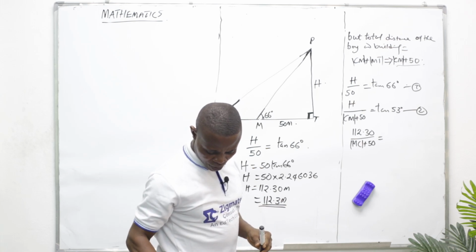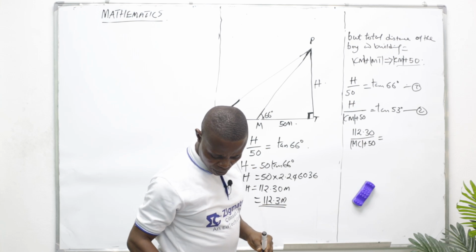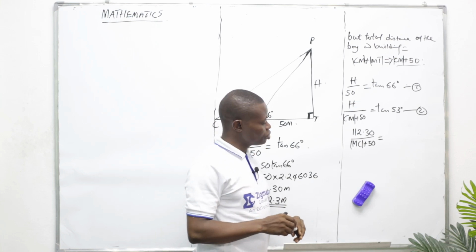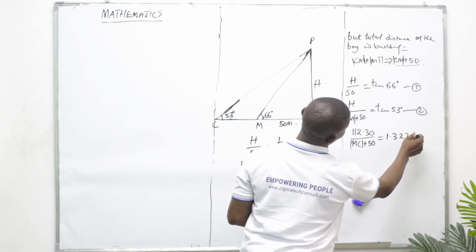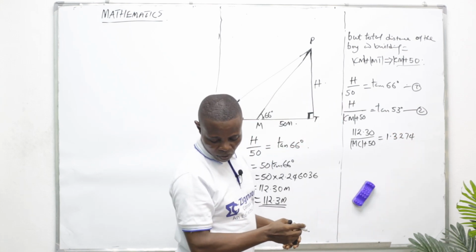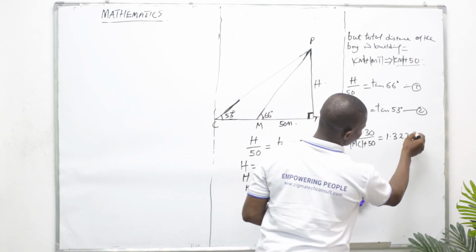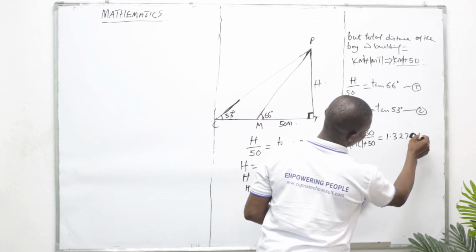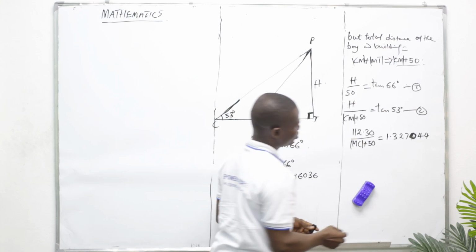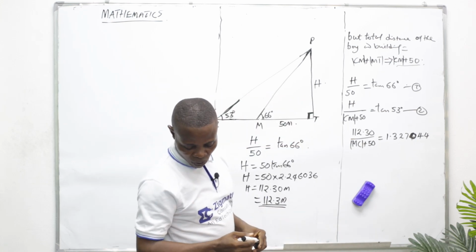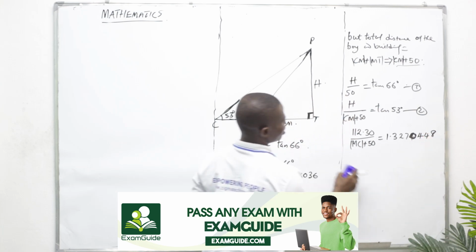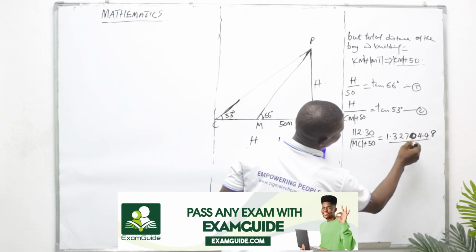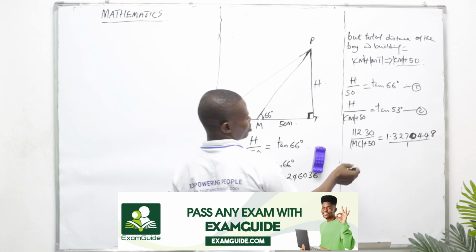Let's get tan 53 and know what it means. Tan 53 degrees is 1.3270448. Okay, I will have to cross multiply at this point, since this is a fraction.